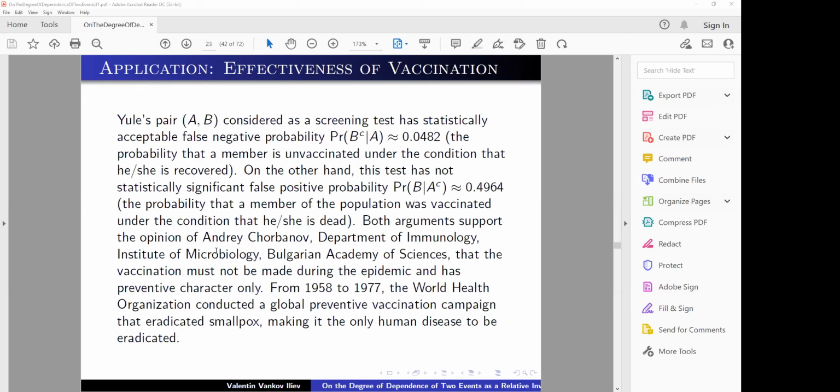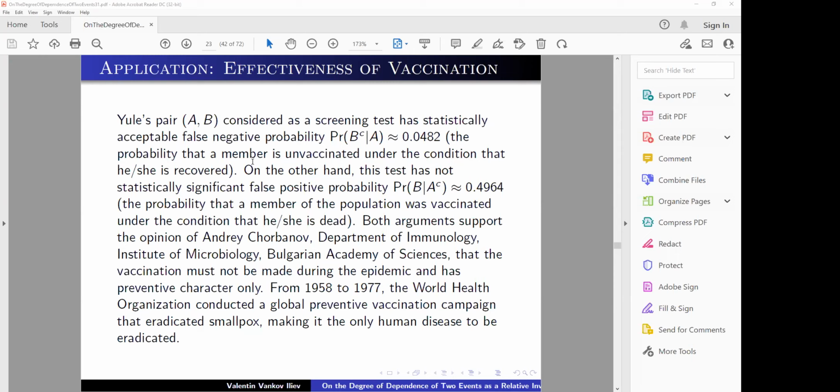If you consider this Yule's pair as a screening test, it has a statistically acceptable false negative probability. It is 0.0482. This means the probability that a member is unvaccinated under the condition that he or she is recovered. This is an acceptable probability.